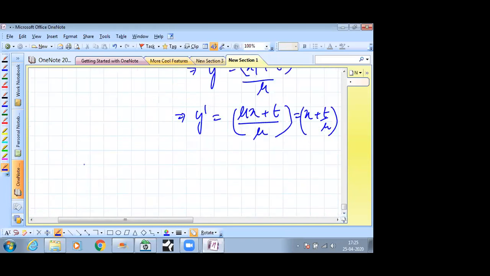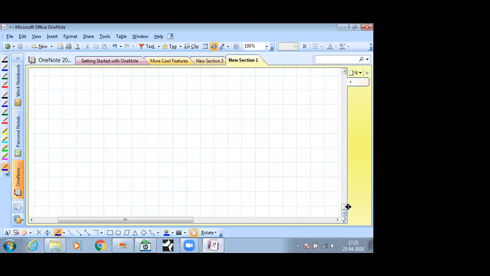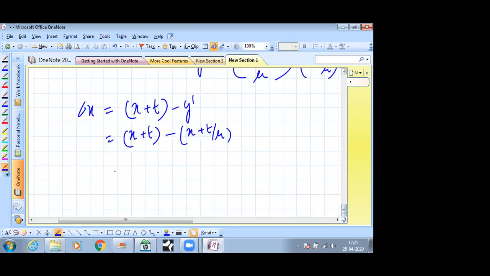So delta x, the shift of the final image with respect to the object, is x plus the thickness minus y prime. And as expected, it gives us what we had seen earlier. It is independent of x. It is independent of the object distance and is given by this formula.